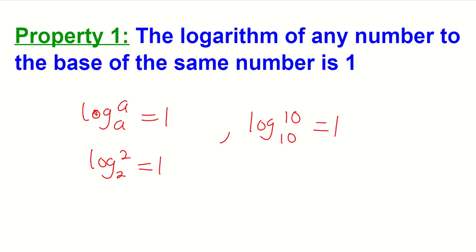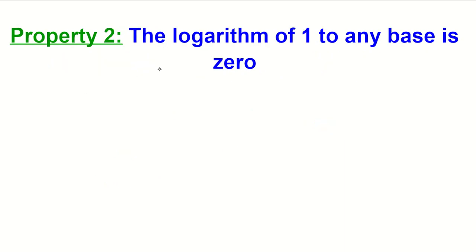We are dealing with properties of logarithm. Now we continue to the second property. The second property says that the logarithm of 1 to any base is 0. We can have logarithm of 1 to the base e.